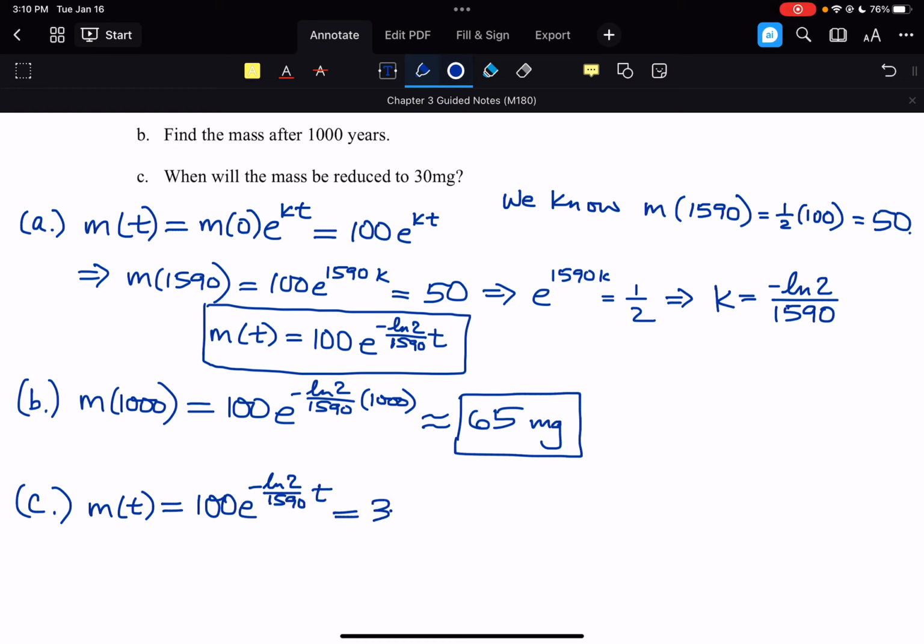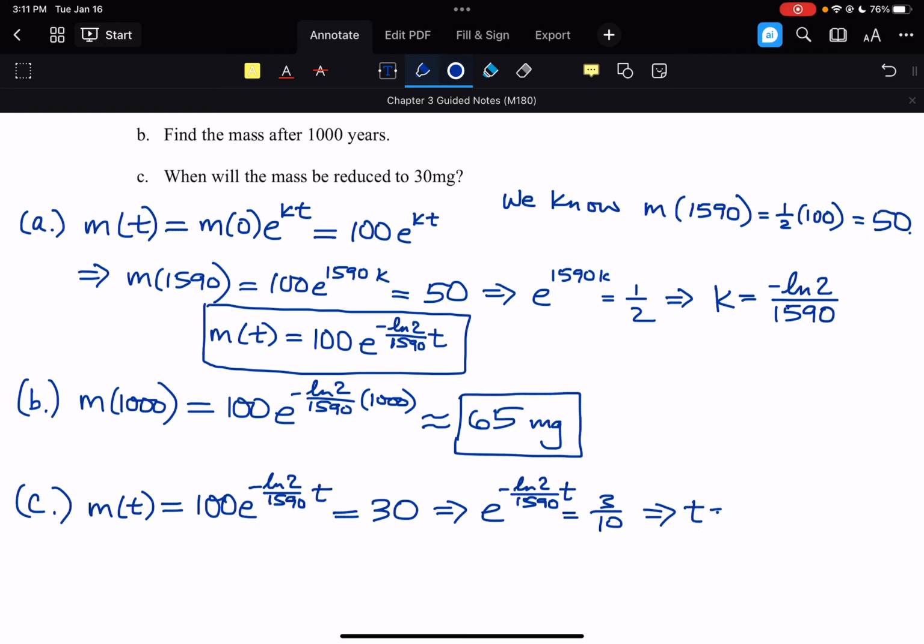We want that mass to be equal to 30. So we divide by 100. So that's 30 over 100, which is 3/10. Take the natural log of both sides, simplify that down.